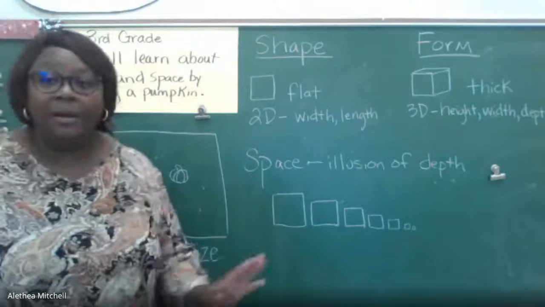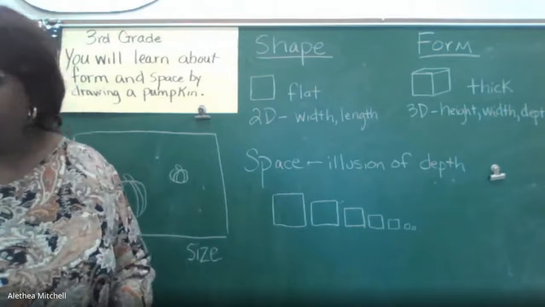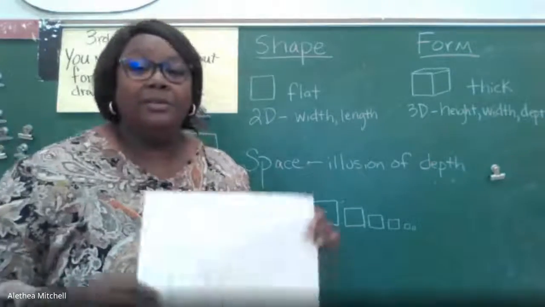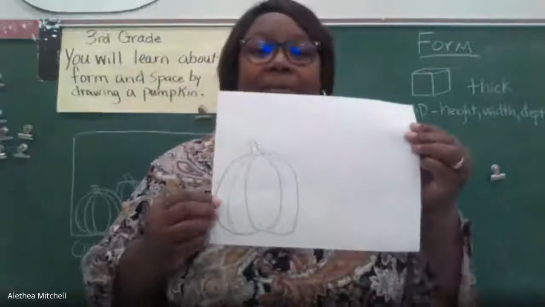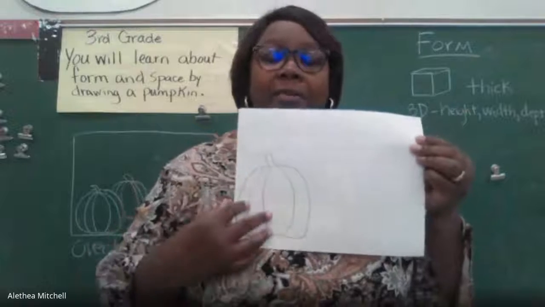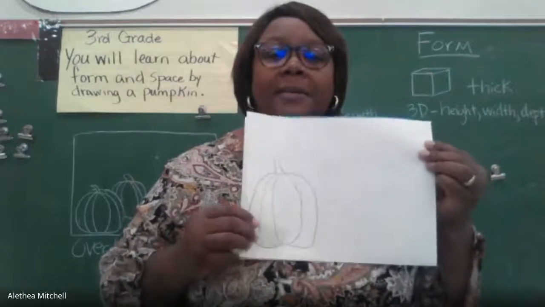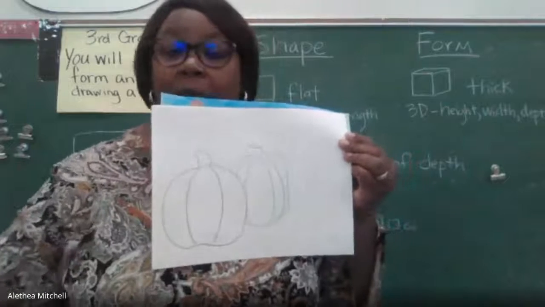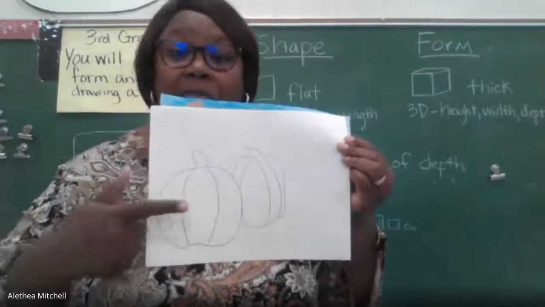Now, the way you're going to put all of this together, you're doing your pumpkin drawing. First, you're going to draw your pumpkin on the paper. I did this one lower on the page. Then next, you're going to overlap at least the next one. So that would be a medium-sized one. So you're starting with a larger one.